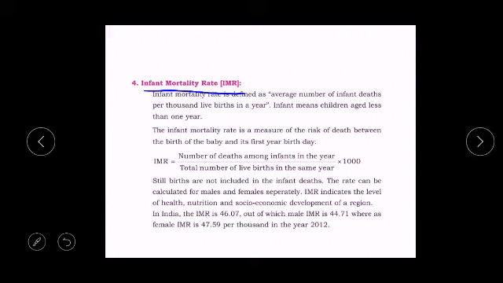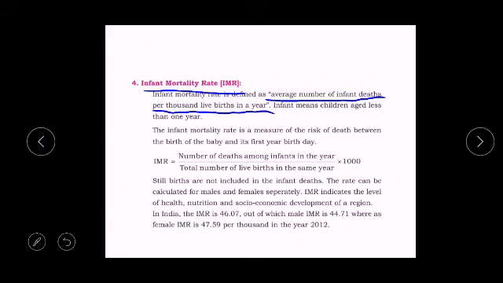So here the definition is the average number of infant deaths per 1,000 live births in a year. That is, among the newly born babies in a year, how many of them died before reaching their first birthday.